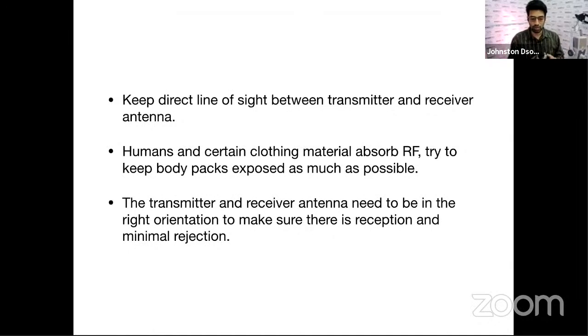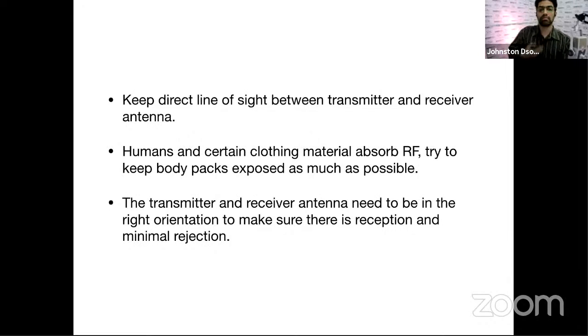Remember that the human body also absorbs RF. For example, this is my transmitter, which is going to have my mic. If I mount this transmitter behind on my back, on my belt, and the cameraman has put the receiver on his camera and is sitting in front of me, my body is going to absorb the RF transmitted by the transmitter, and I'm going to have a signal drop on the receiver.